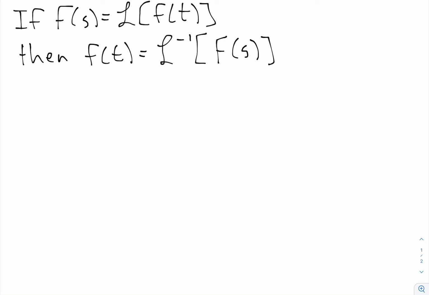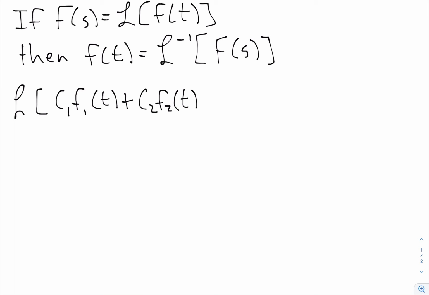Okay, so I said it's reversible, but I also said it's linear. What linear means is if we have the Laplace transform of, say, c1 f1 of t plus c2 f2 of t, so this is like your sines and cosines, just two functions adding together.